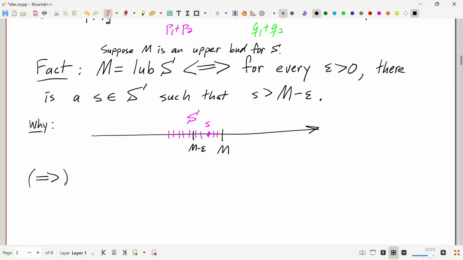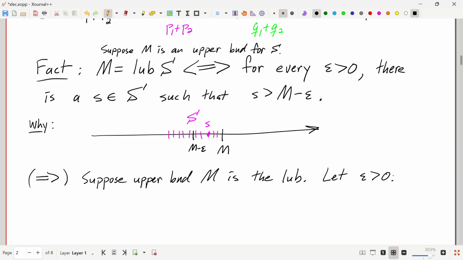So let's think about this direction. To demonstrate this direction, I have this upper bound, and we suppose the upper bound M is the LUB. Well, let epsilon be bigger than 0. I have to show that there's an s that satisfies that property.